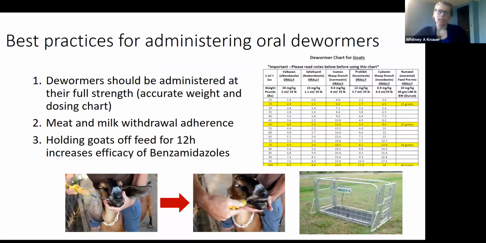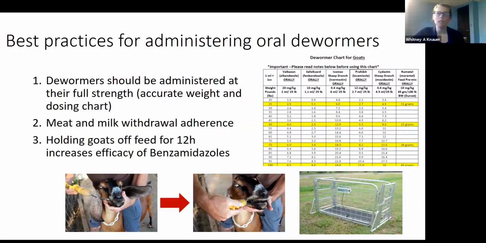So what about best practices for administering oral dewormers? Like I said, I think a scale is probably just the best investment that you can make for so many reasons. A scale will ensure that we are dosing at the right dose for the weight of our animals. And again, wormx.info, you can go on there and get dewormer charts by weight for both sheep and goats.